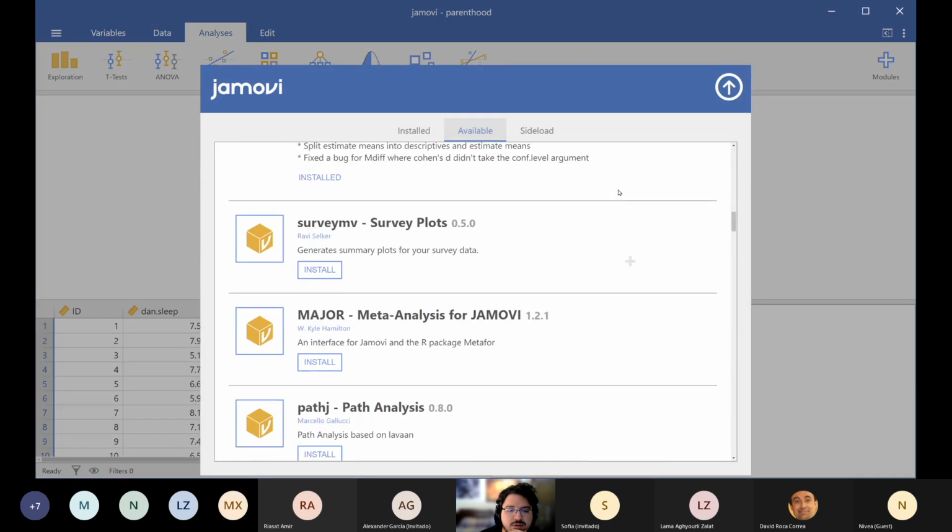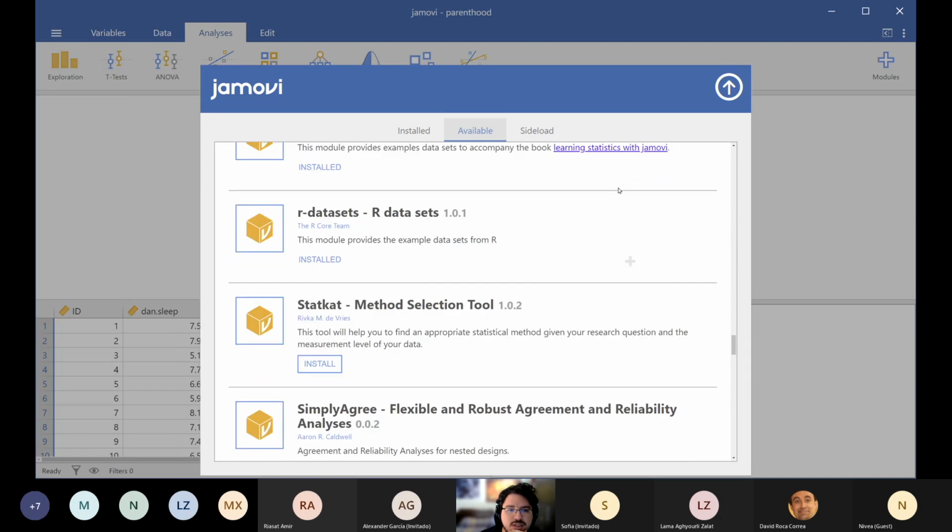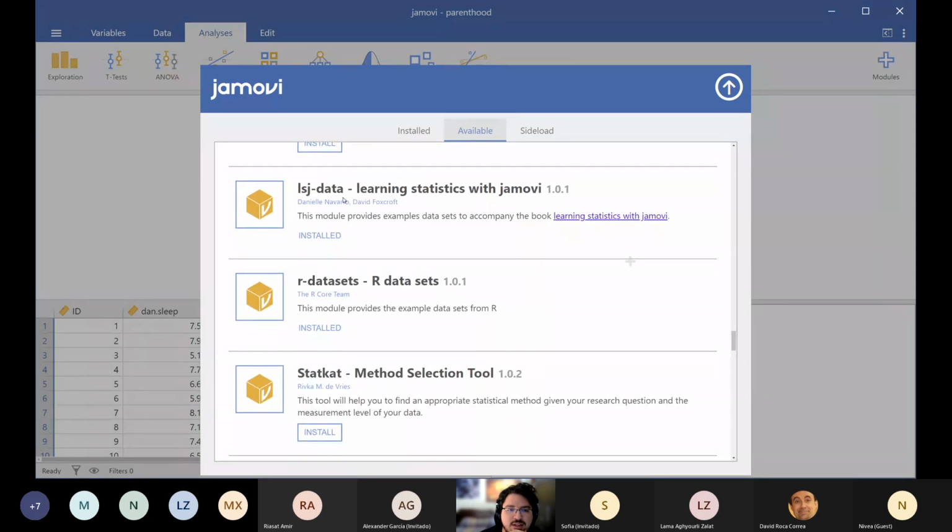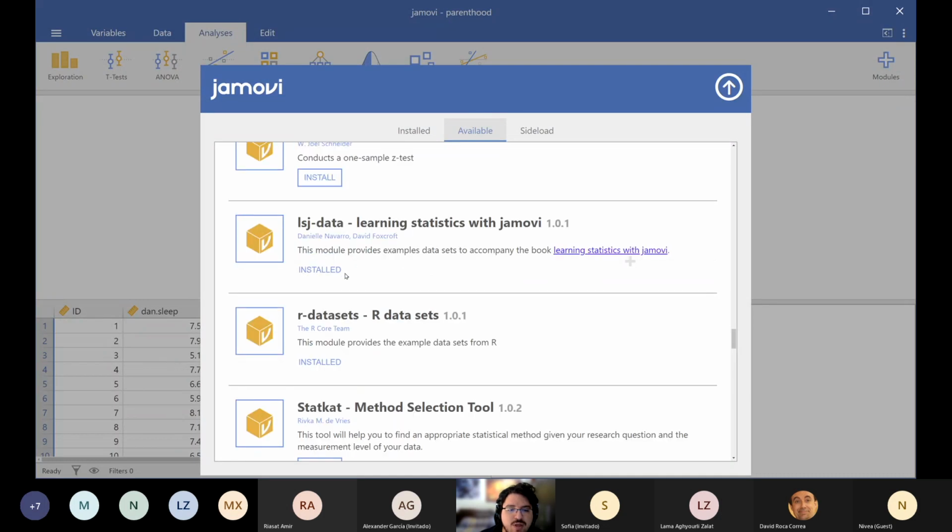You need to scroll down until you see LSJ data, learning statistics with Jamovi. My understanding is that this was installed by default, but maybe it's not. So if you don't have it installed, you should have a button that says install, and then you click on it. Okay, thanks. You're welcome.